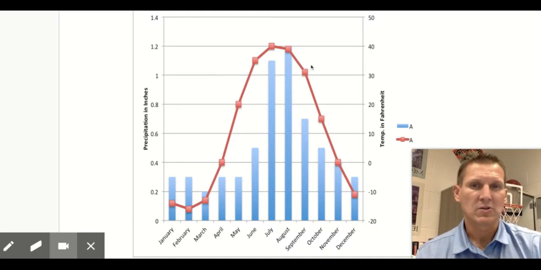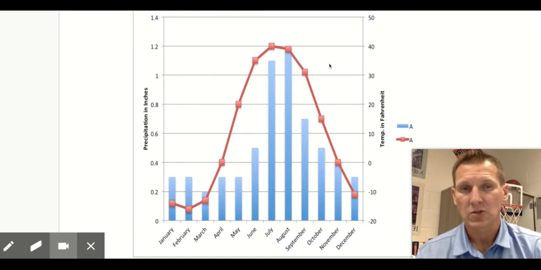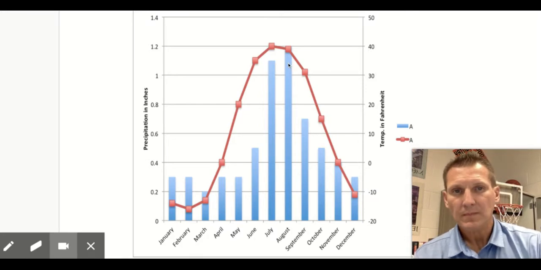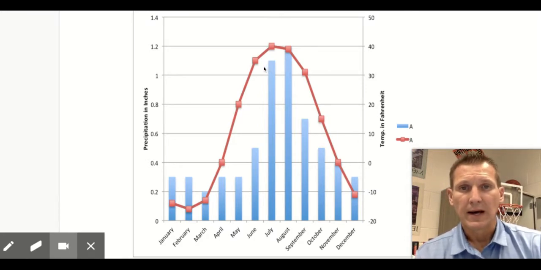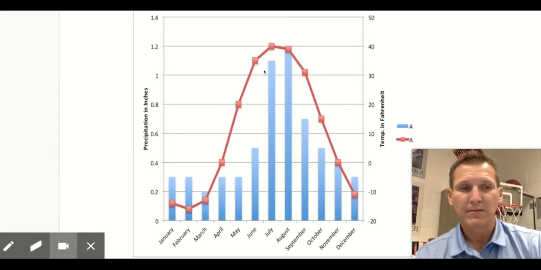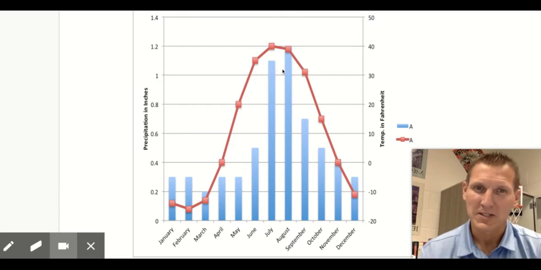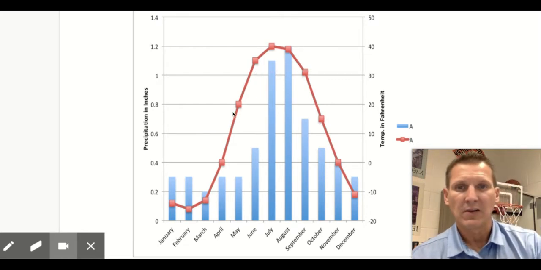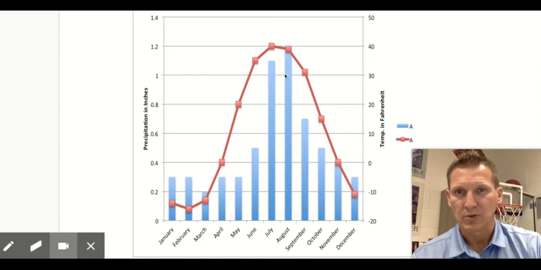So one of the things that you should have gotten tipped off to in this graph was that the ground is going to be frozen pretty much year round. 3 months of just 40 degrees is only going to be able to thaw out the topsoil just a little bit. So that would give you one clue that this is going to be a place with permafrost. And you'll notice there's also very little precipitation.